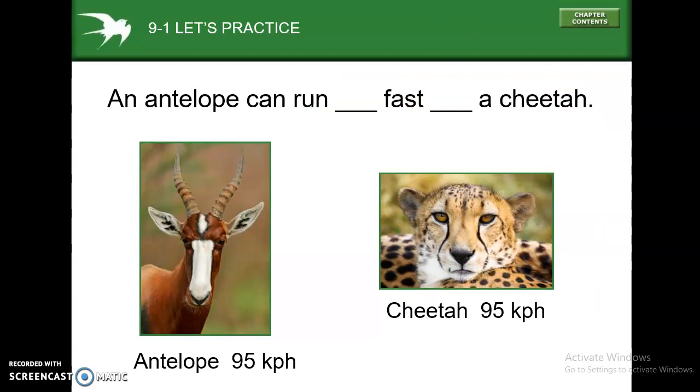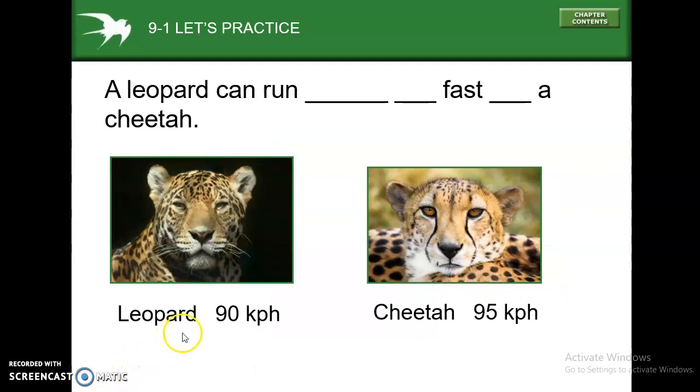Okay, look at this example. This is the practice. What do you think? An antelope can run 95 kilometers per hour and a cheetah runs 95 kilometers per hour. So an antelope can run as fast as a cheetah, yes. What about this one? A leopard can run 90 kilometers per hour. A cheetah can run 95 kilometers per hour.